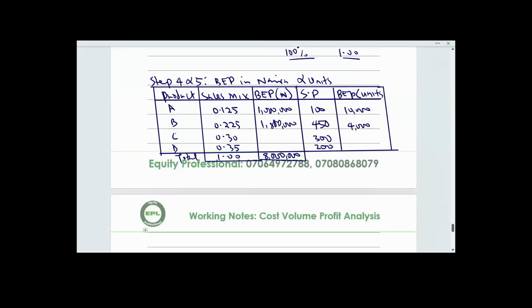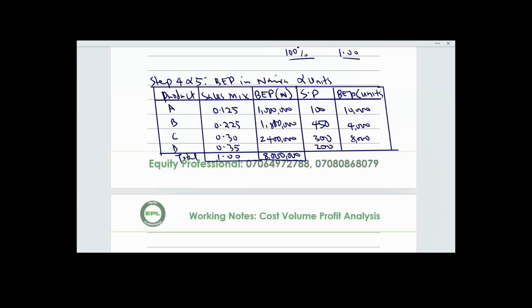Next, 8 million multiplied by 0.3 equals 2.4 million, divided by 300 equals 8,000.